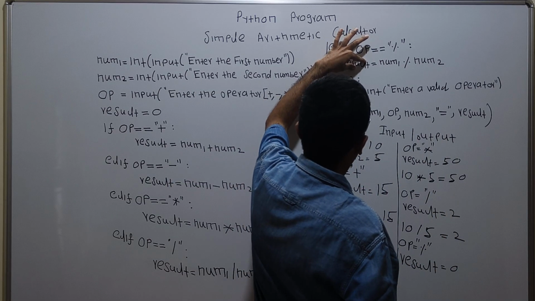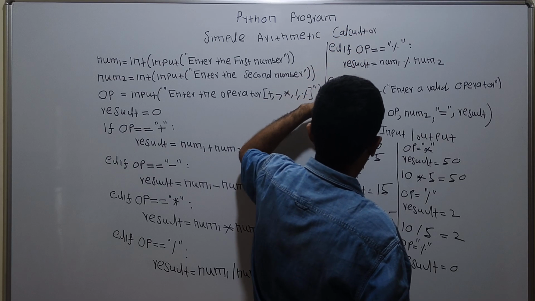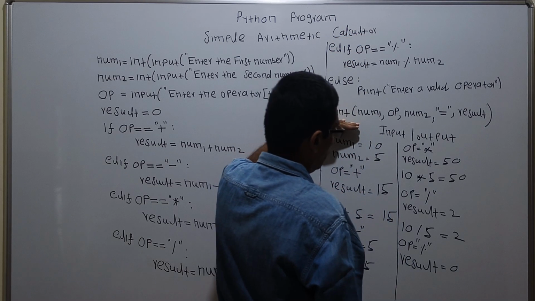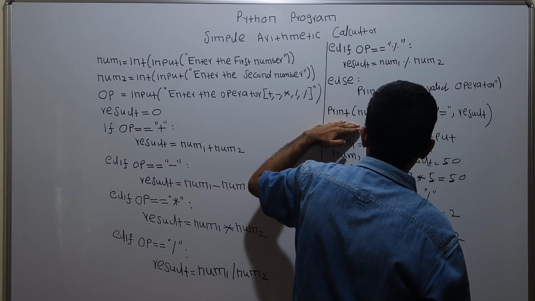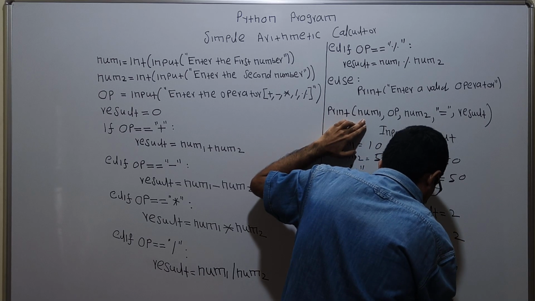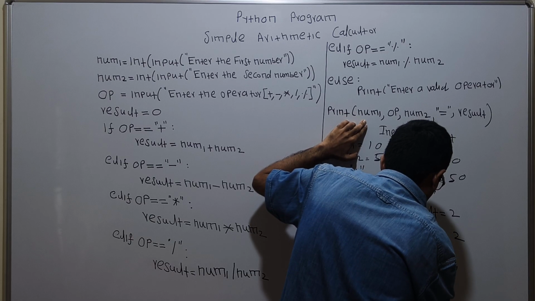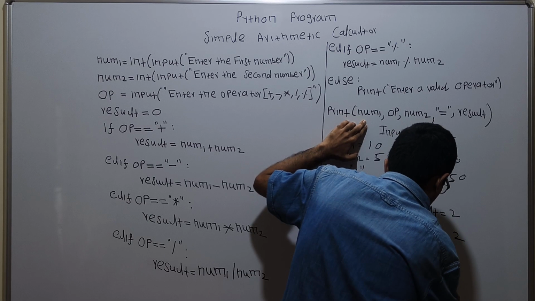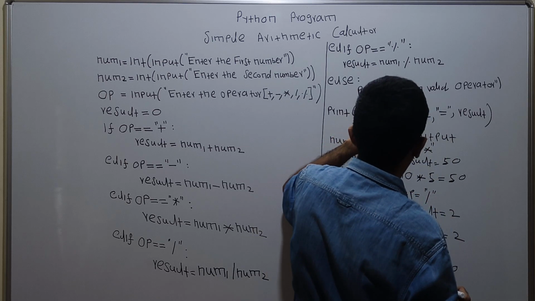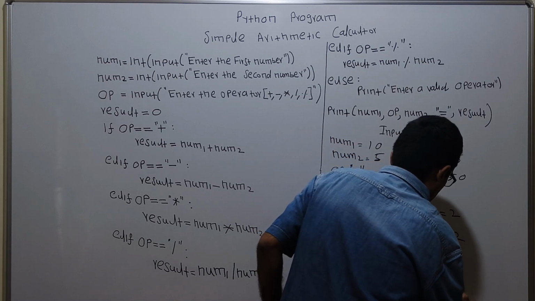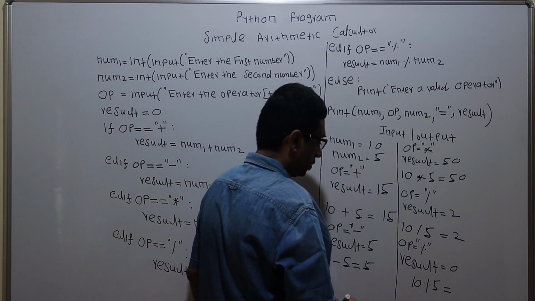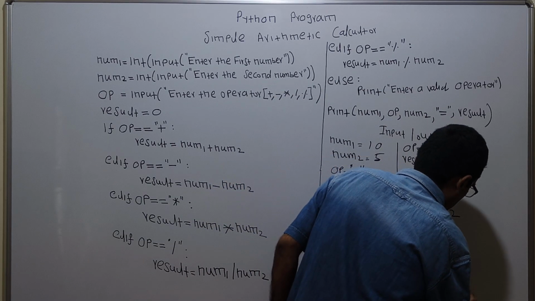After the computation, the control will come out of the entire structure. It will come to this print and print num1. The value of num1 is 10, operator modulo, num2 5, equal to is a symbol string, and the result equal to 0.